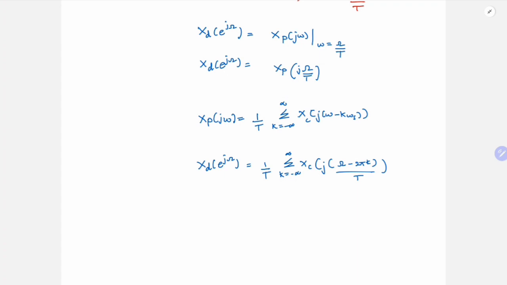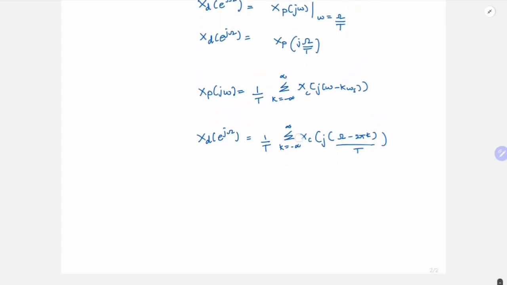We all know that for discrete time the Fourier transform is going to be periodic with period of 2 pi. So here also we can observe that periodicity coming in. So let us take an example.